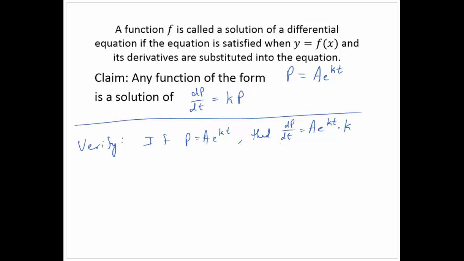So dp dt is equal to a e to the kt times k, and k times p would be equal to k times a e to the kt.